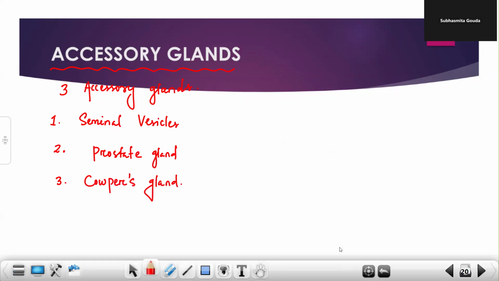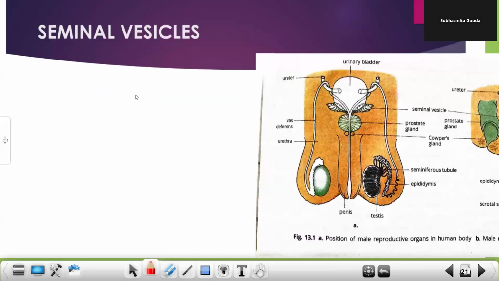First, we'll discuss the seminal vesicles. This is the seminal vesicles. Okay. A pair of seminal vesicles are present at the base of the urinary bladder. This is the base. This is the urinary bladder.